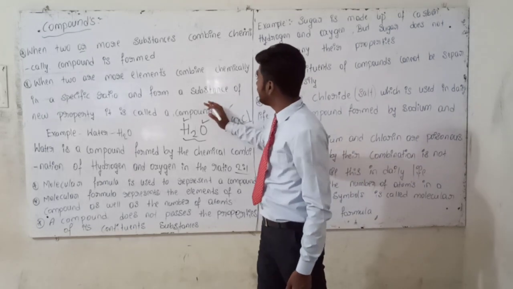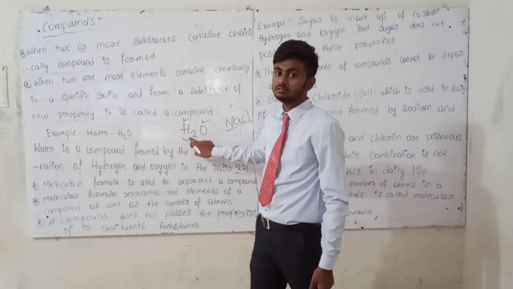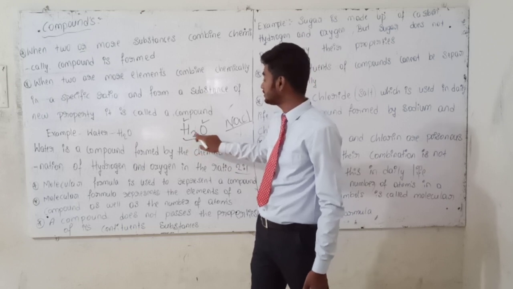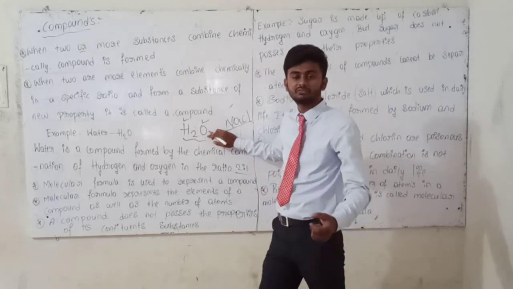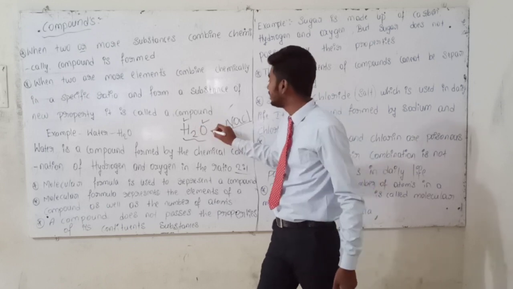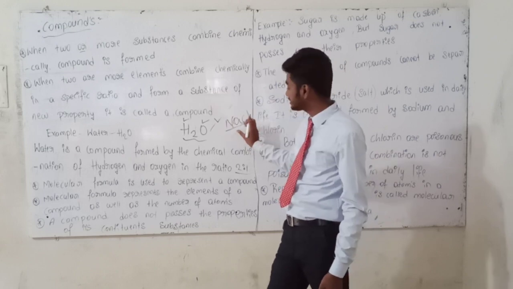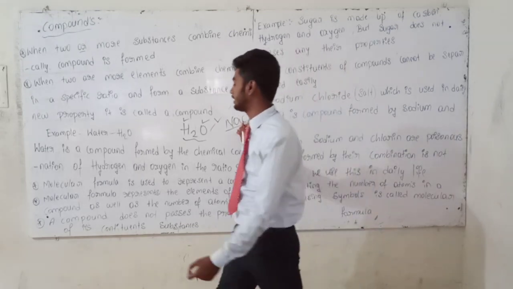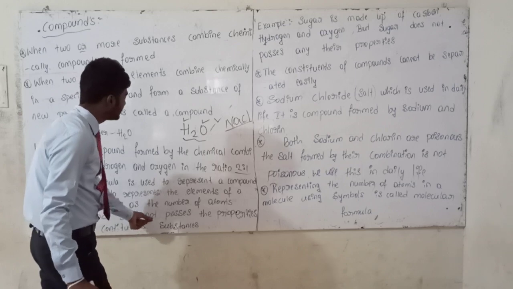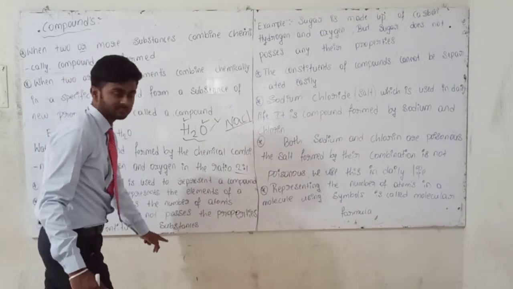Hydrogen and oxygen have different characters, but when both are combined we get a new character: liquid. That is water. The same applies to sodium chloride.